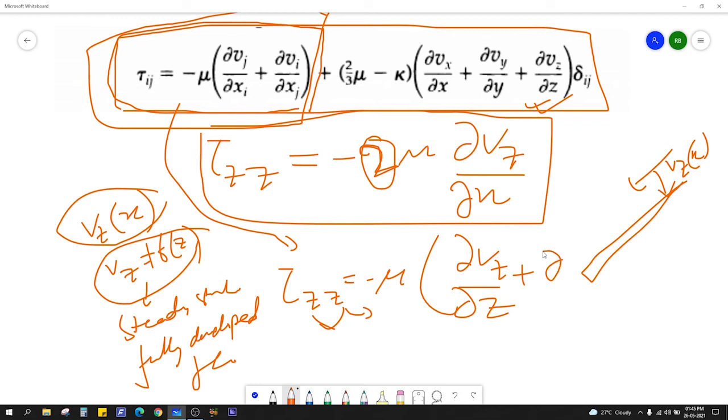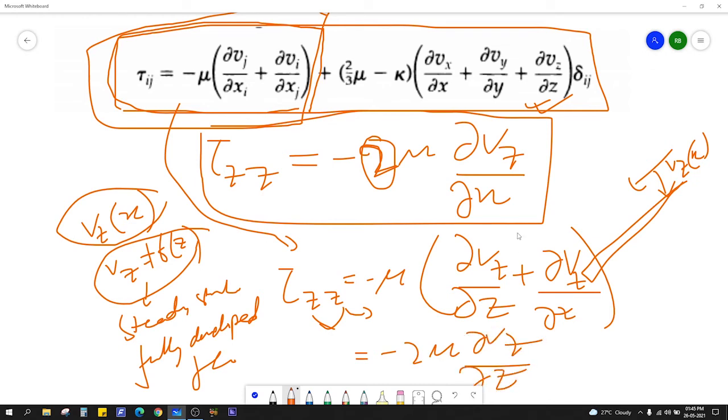Even if you interchange it, it will be the same because both indices are the same, right? So this plus this is equal to minus 2 mu dou vz by dou z. Sorry, this was z. Okay, right? So that's how it came.